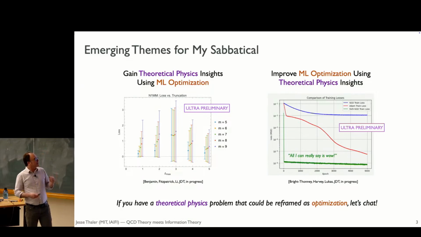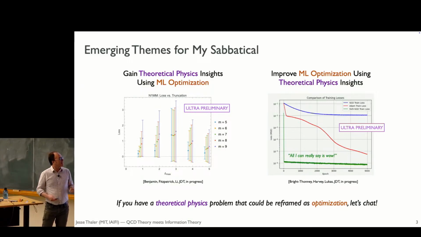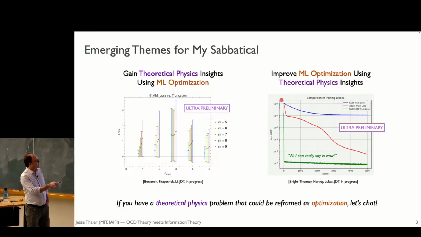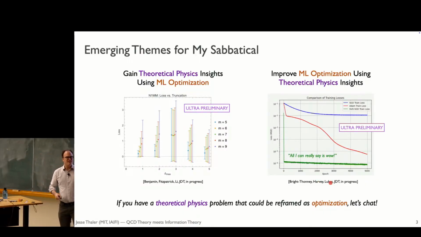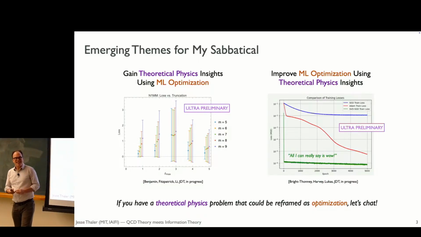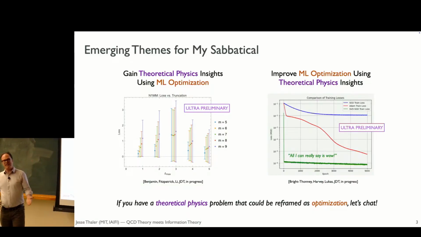And then in the reverse direction, thinking about machine learning optimization in the language of theoretical physics, this red curve here is some standard machine learning optimization. And then the green curve here is what happens if you follow a geodesic in function space, and you find that the loss rockets down to 0.